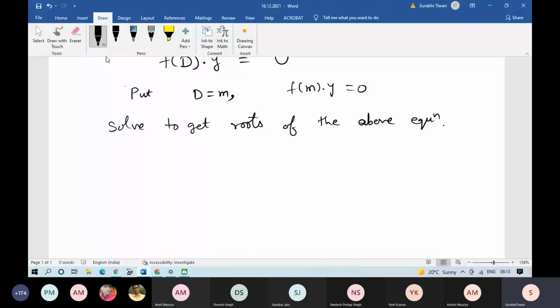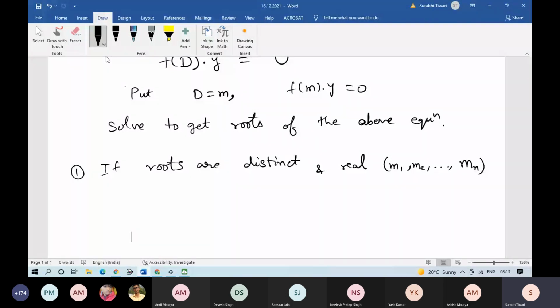Now if all these roots come to be distinct, so write: if roots are distinct and real, suppose these are m1, m2 up to mn. These are the roots of this equation f(m).